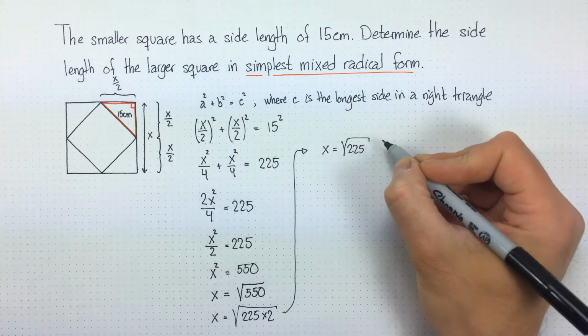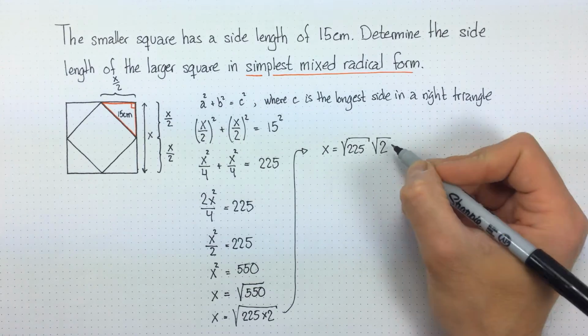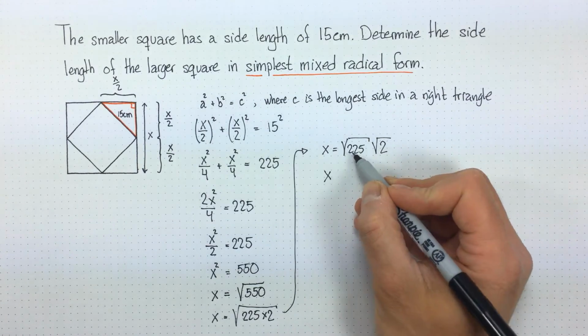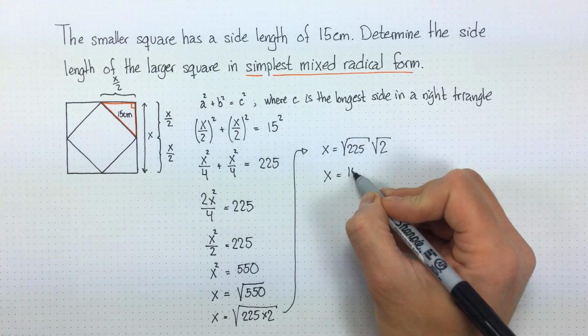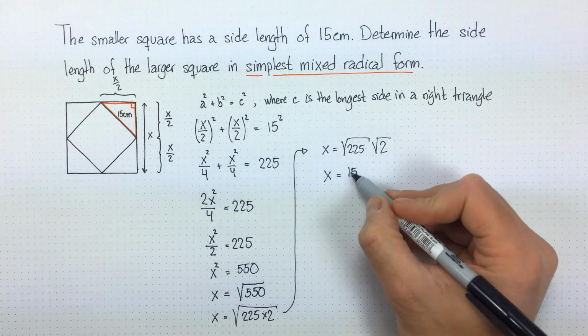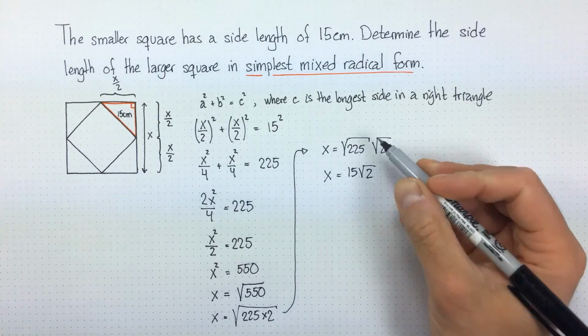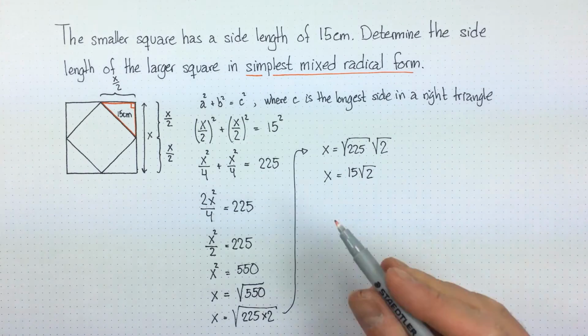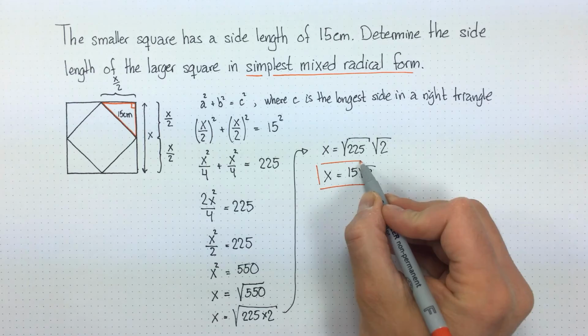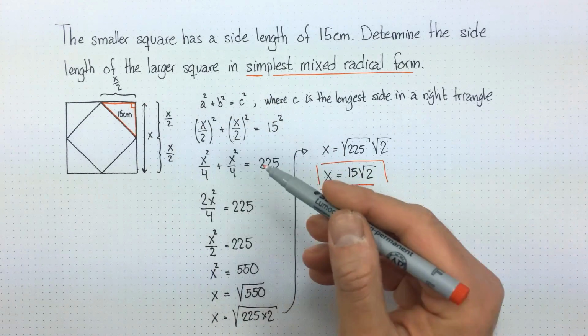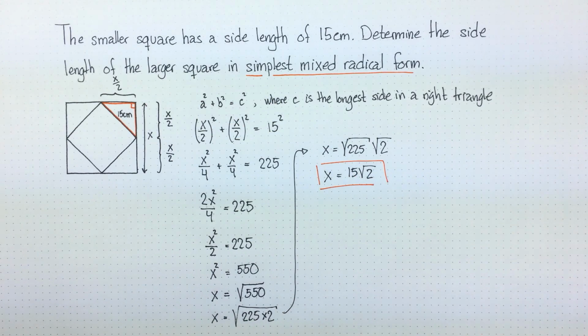Square root of 225 times square root of 2. The square root of 225 is a perfect square, so it's going to be 15. And 15 times square root of 2. So our answer is that the side length of the large square is 15 times square root of 2.